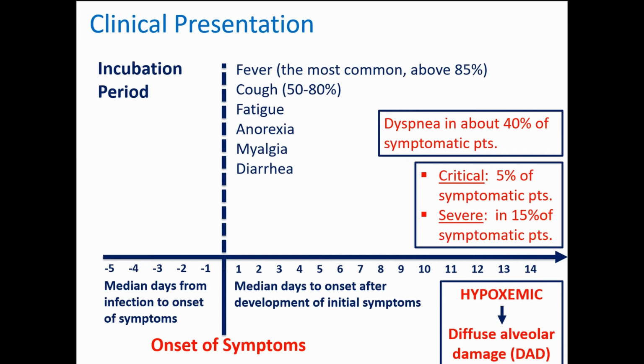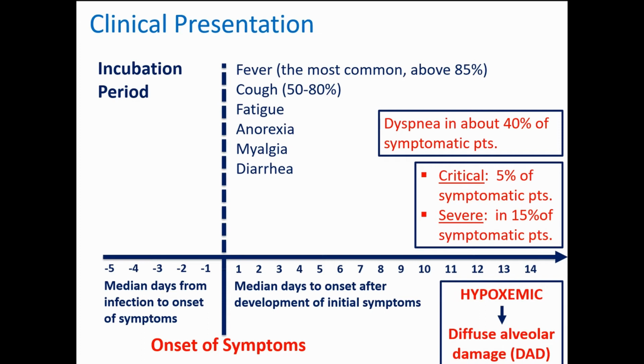About 40% of patients develop dyspnea. 5% may be critical. In our area, in Michigan, this is really 2 or 3%. I'll be very happy to hear what the representative percentage is for Merida. And about, I would say, 10 to 12%, okay, they develop severe disease with symptoms.